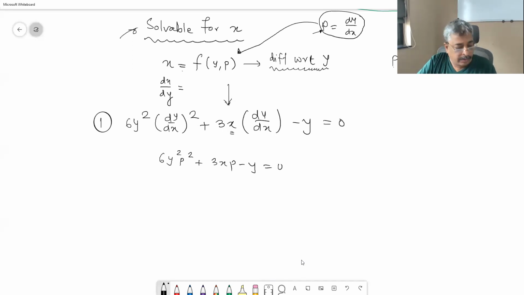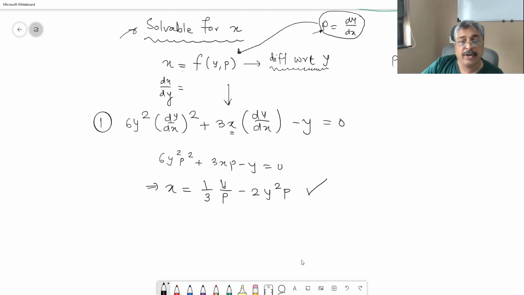Now I should put it in such a way that x is equal to something. I have already written it, so you cross check whether it is correct: x is equal to 1 upon 3, y by p minus 2y square p. Correct? Is this okay? I think it is correct.